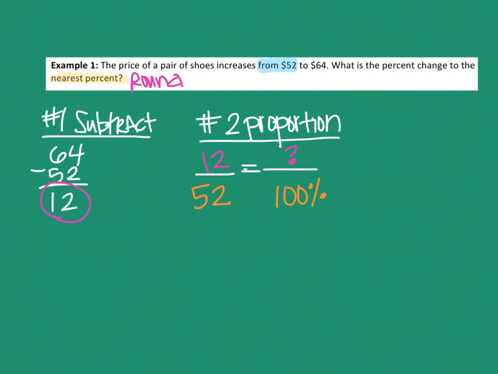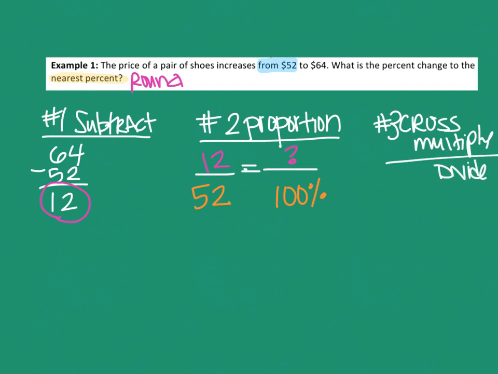Then step 3, the last thing to do was cross multiply and divide. The numbers that I multiply are the ones that are diagonal.